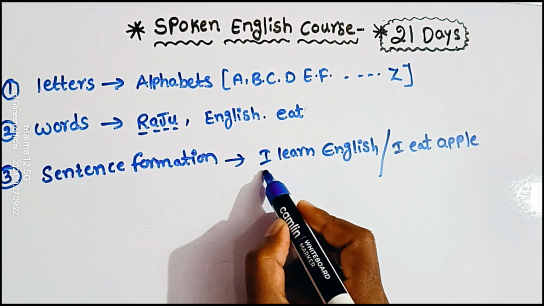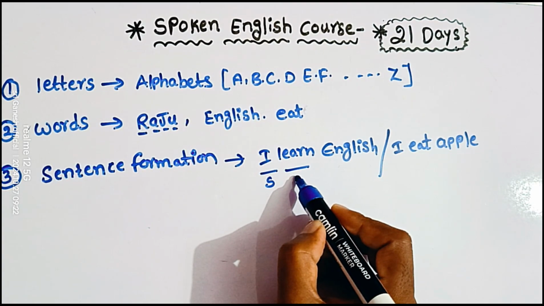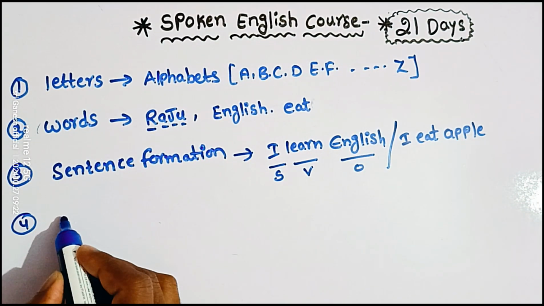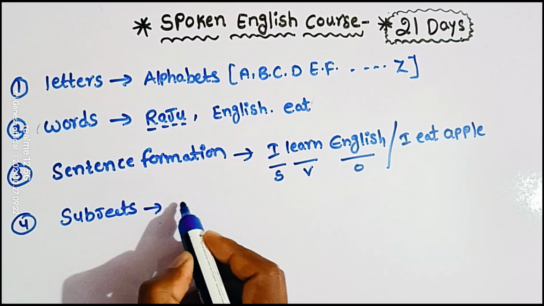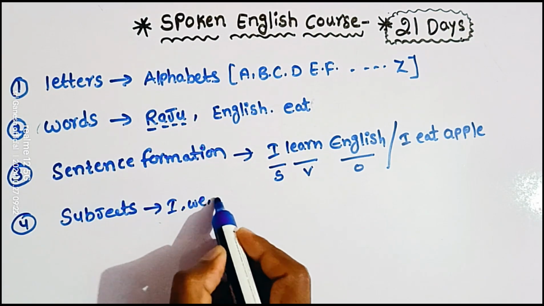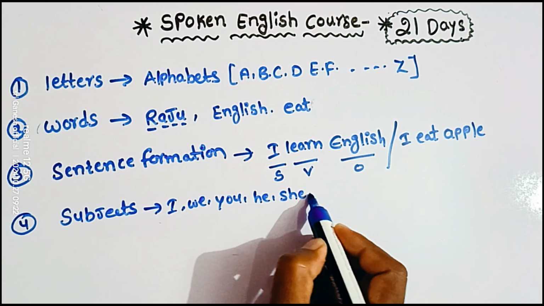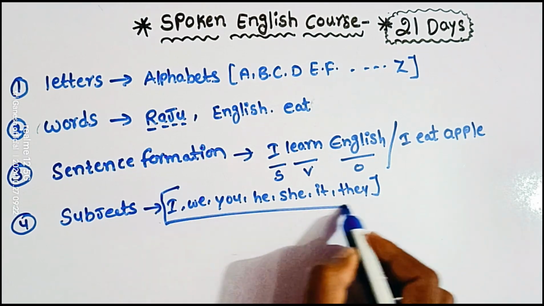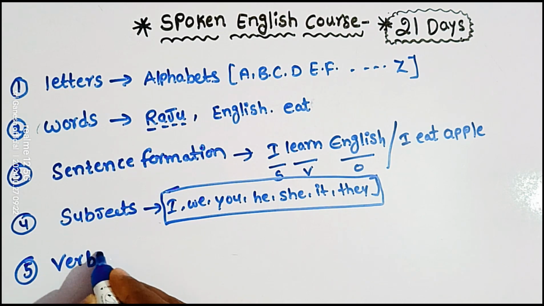In this sentence, I means subject, learn is the verb, and English is the object. On the fourth day we learn subjects. Subjects are I, we, you, he, she, it, they. These are the 7 subjects in the entire English. Only 7 subjects.